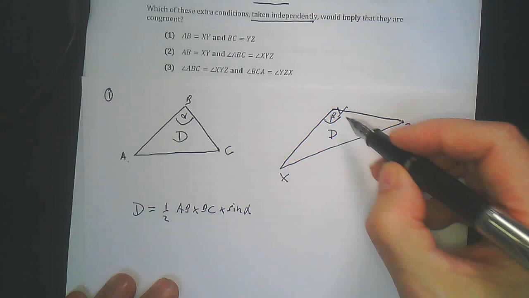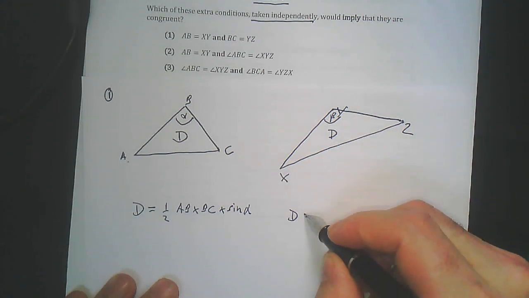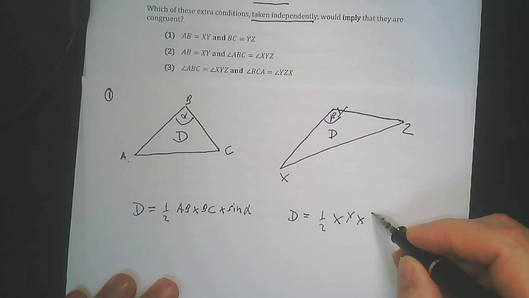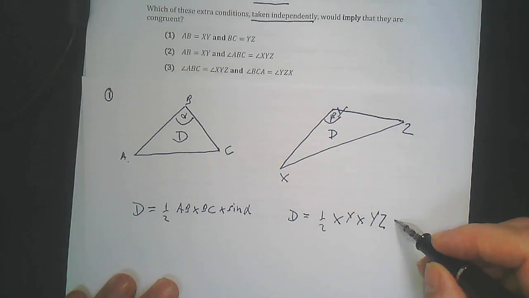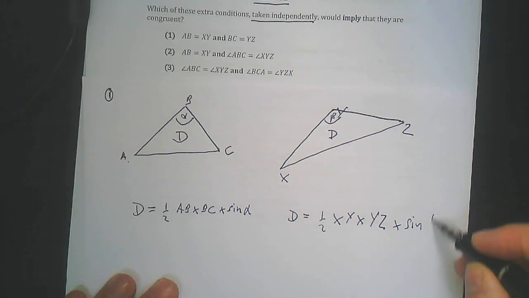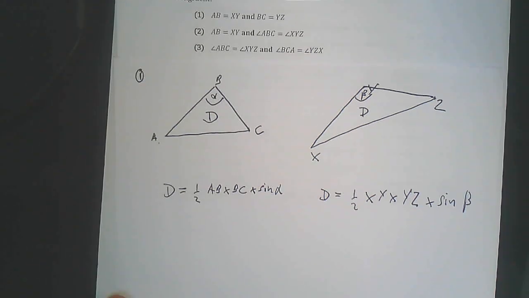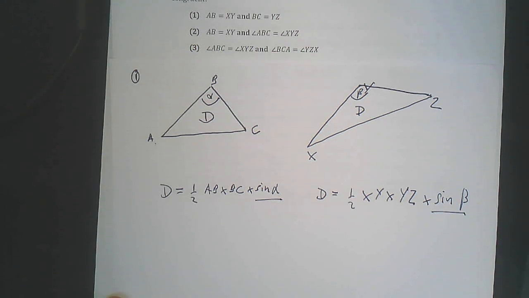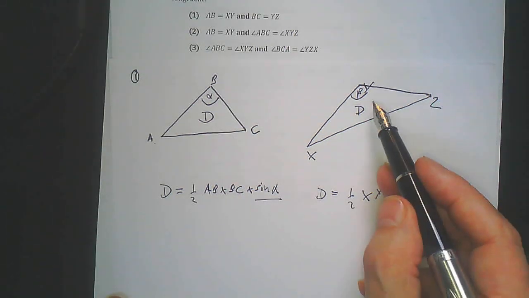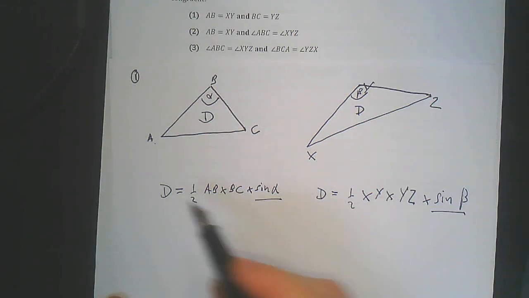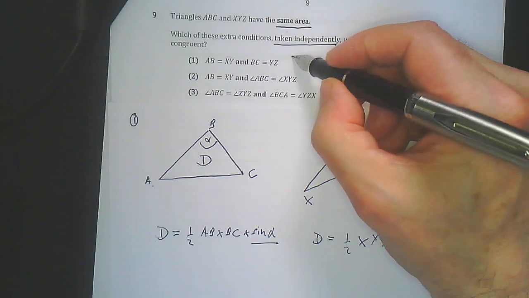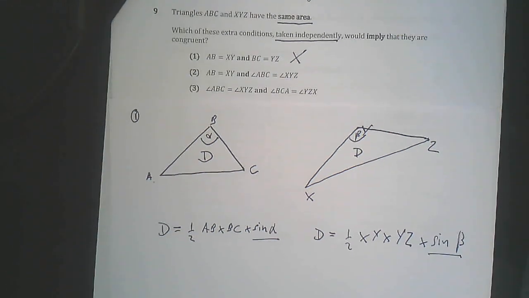Similarly, D equals a half XY times YZ times the sine of the angle between them, sine of beta. But there's nothing stopping sine alpha being the same as sine beta, because one's acute and one's obtuse. So there's nothing to stop the areas from being the same, and these are clearly not congruent. So number 1 does not imply.